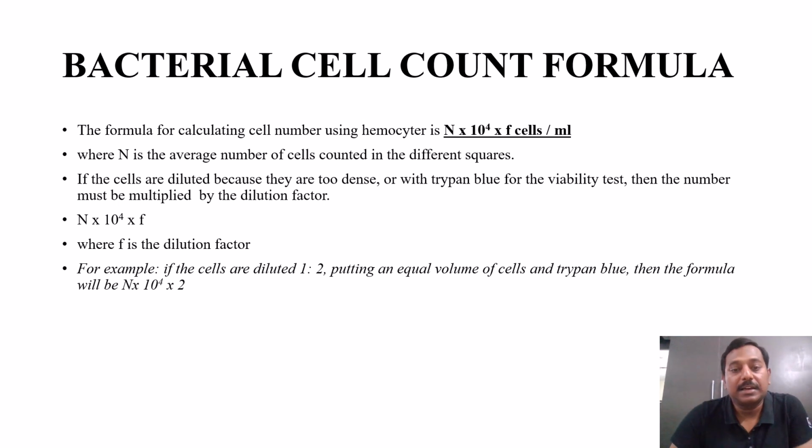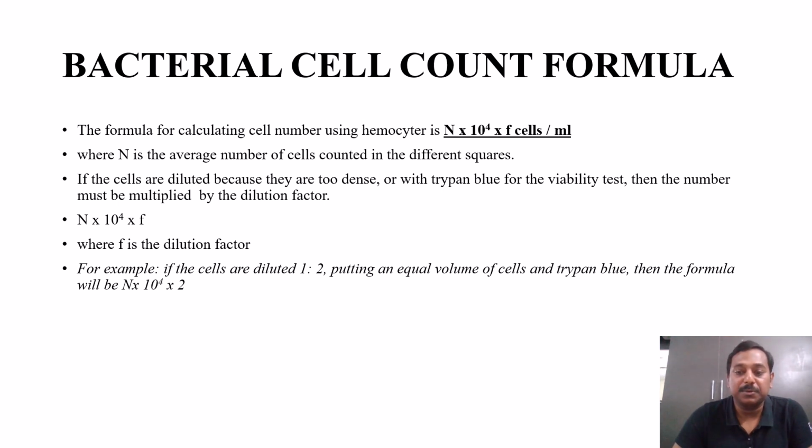Now let's take a look at the bacterial cell count formula. This is not just for bacteria, it can be used for yeast or other cells. The formula for calculating cell number using a hemocytometer is N x 10^4 x F cells per ml. The cells per ml is actually the unit.